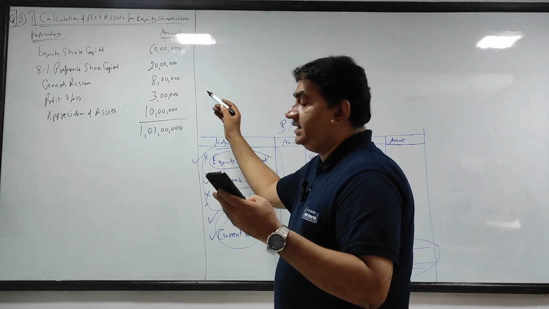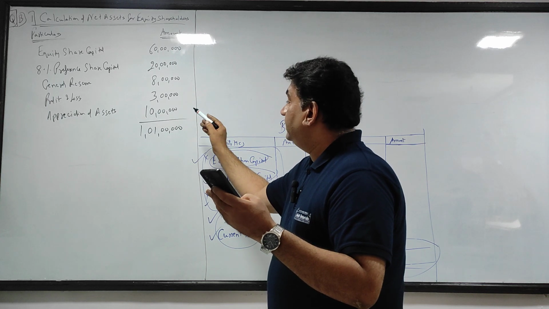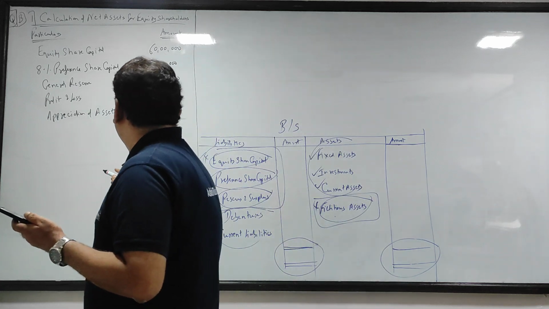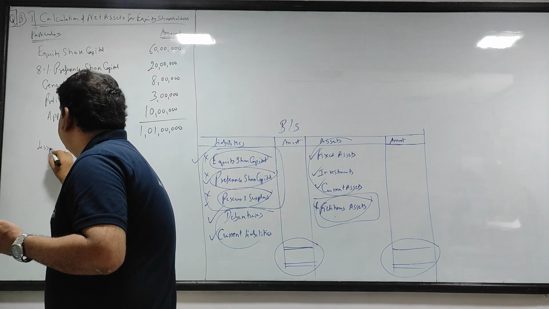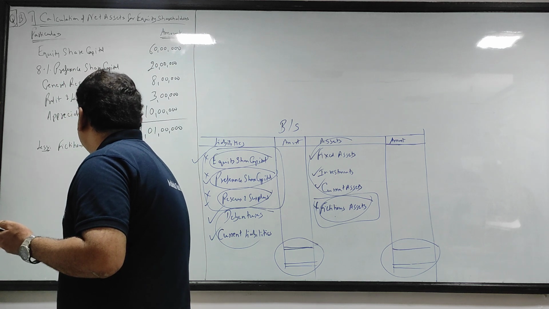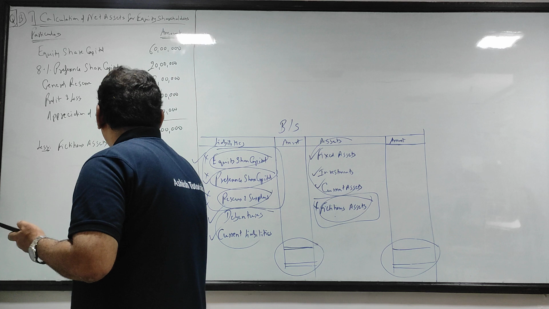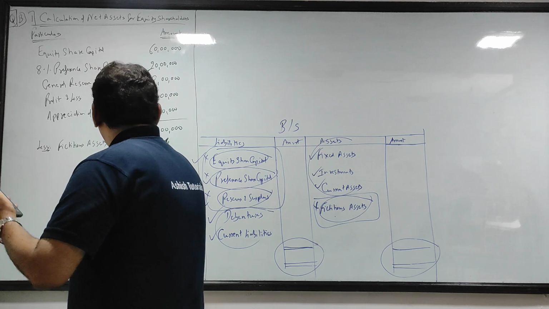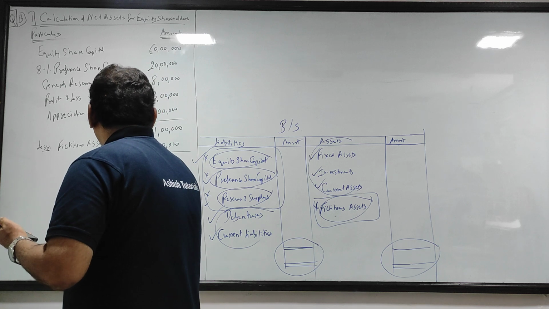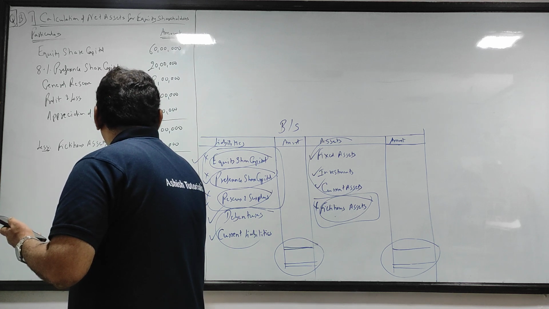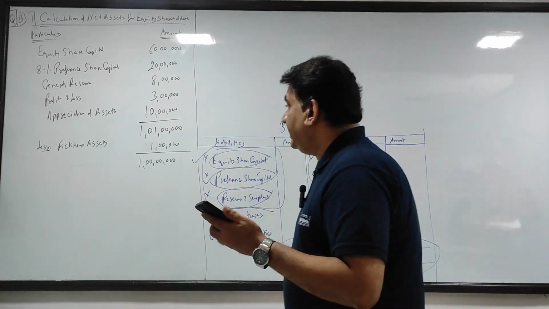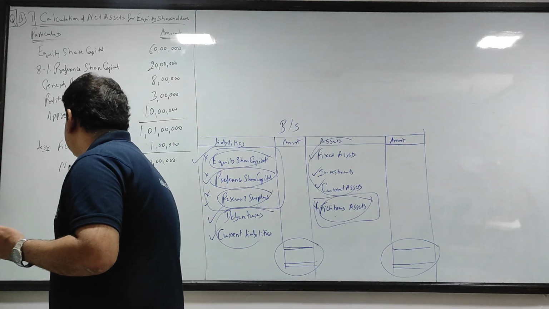Yeah, 1 lakh. From this, less fictitious assets, that is 1 lakh. So I get 1 crore. This 1 crore is nothing but my net assets.